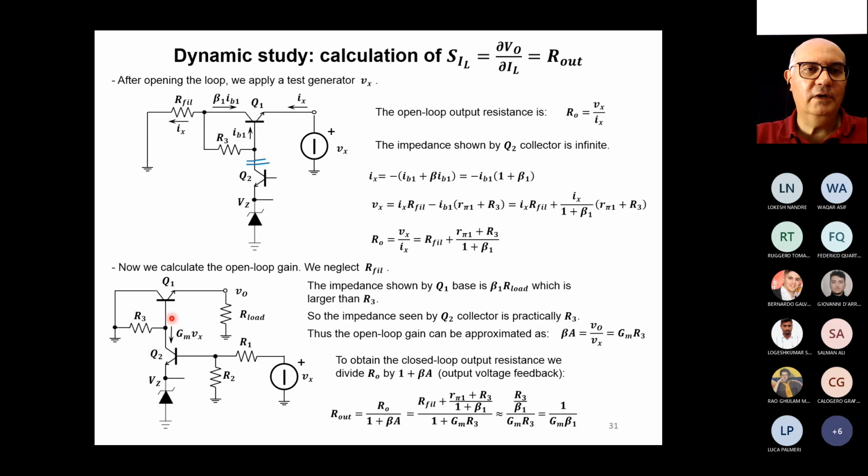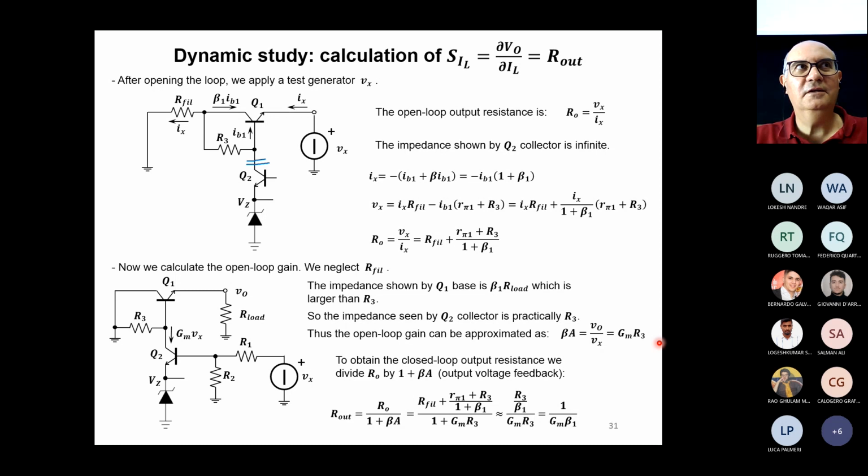And the voltage on the base of Q1 has been calculated as the product of the collector current of Q2 and the resistance seen by the collector, that is more or less R3. So if I want to calculate beta A, I can say that basically this beta A is equal to GM times R3. Okay? The output VO is GM R3 Vx. I divide by Vx, and so I get GM R3.